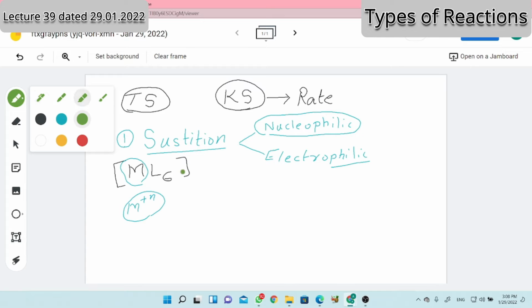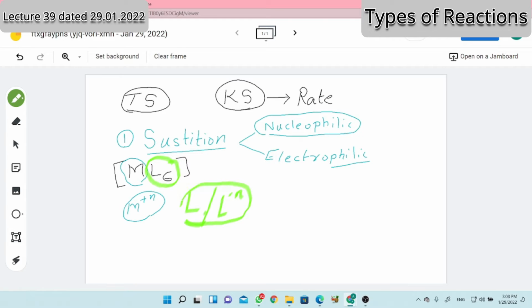In a complex, one is the metal ion, the second is the ligand. The ligand can be neutral or may carry a negative charge. Doesn't matter, but the ligand will be electronegative. So considering the electronegative aspect, the polar separation aspect, we will consider the ligand as negative and the metal as positive.